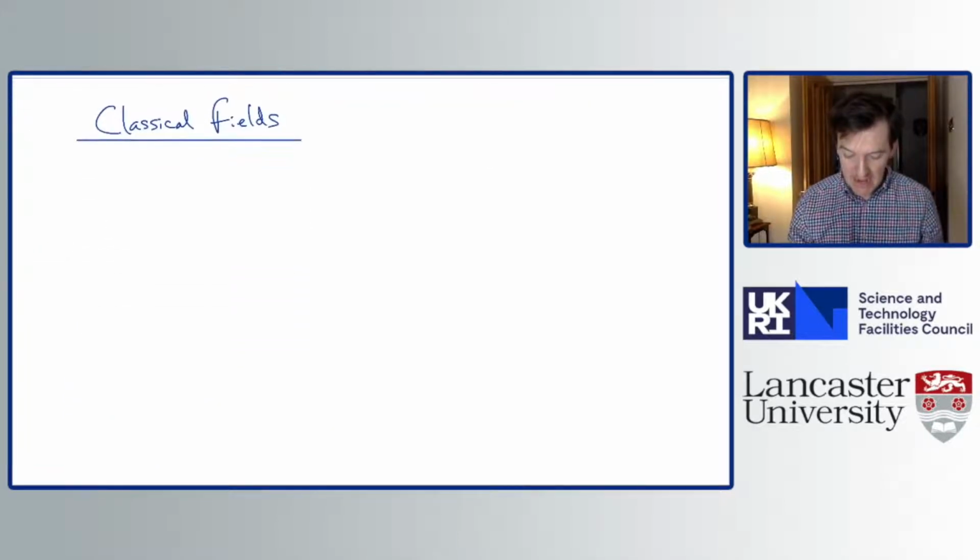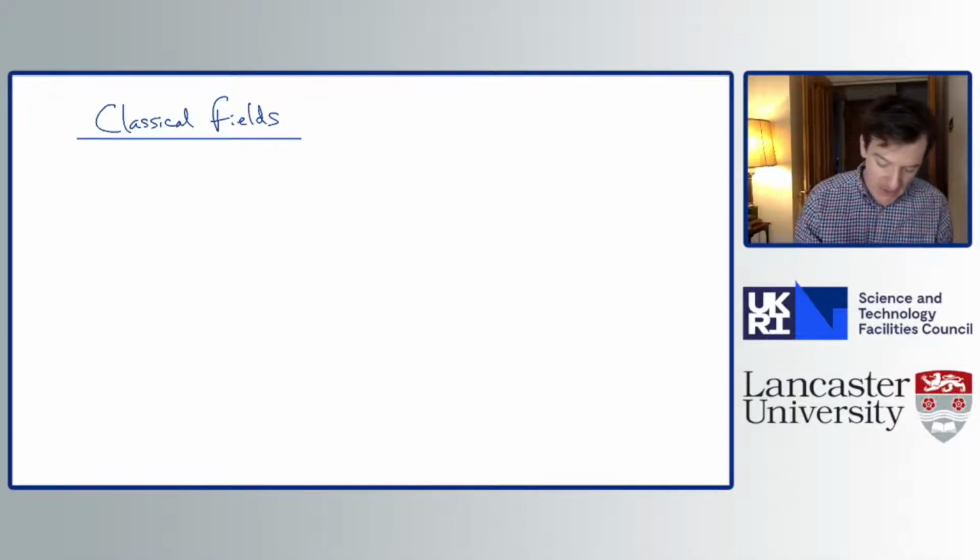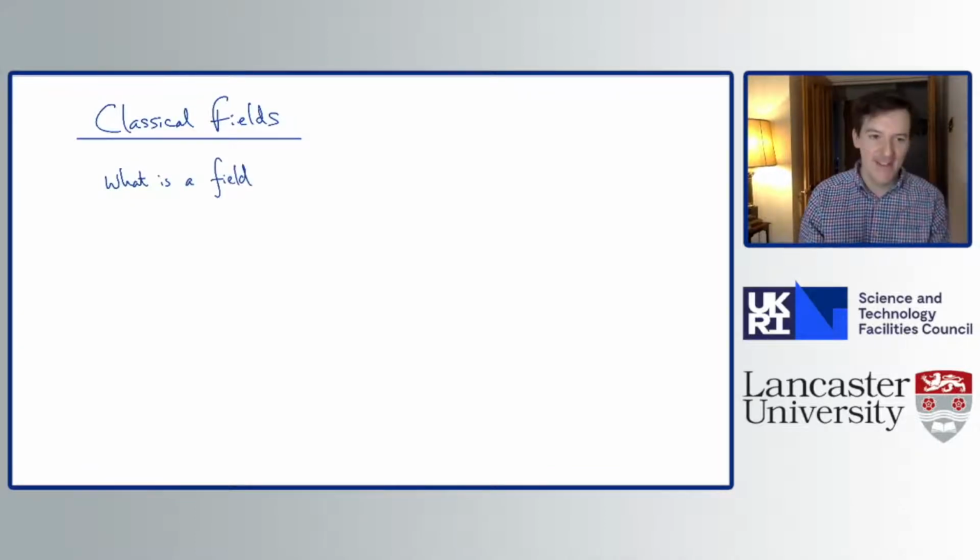Okay, so let's begin thinking about classical fields, and let's begin with a simple question. What is a field? We should get this idea clear in our heads before we start to look at quantum versions of fields. Here's one definition of a field that I can give you.